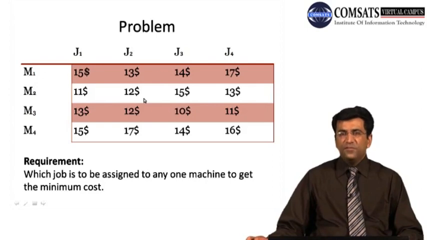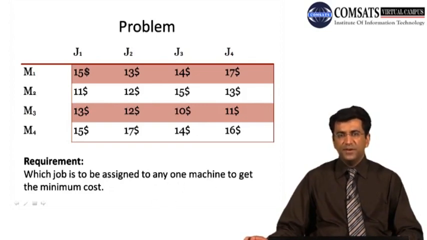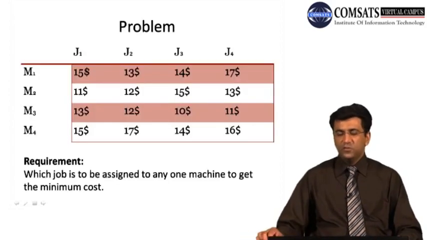Similarly, the different costs for assigning the different jobs to the different machines are given in this table. What is required is to find out which job is to be assigned to which machine to get the minimum cost. So this is basically an assignment problem. And next, we will have to solve this problem.